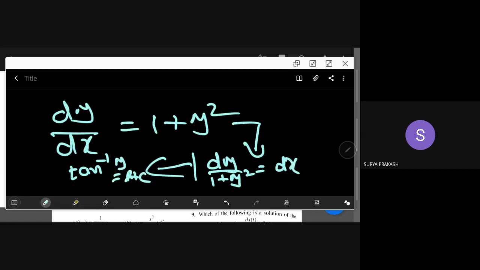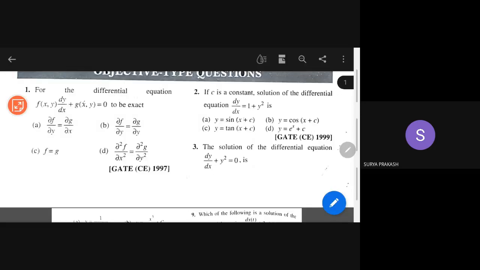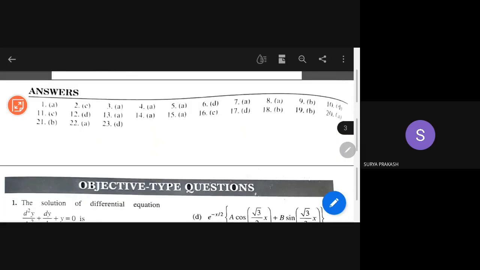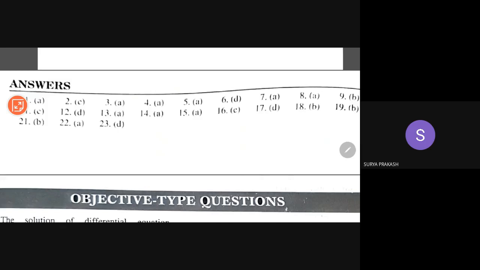So y is equal to tan of x plus c. That option will be there, I think. So that is the correct answer.